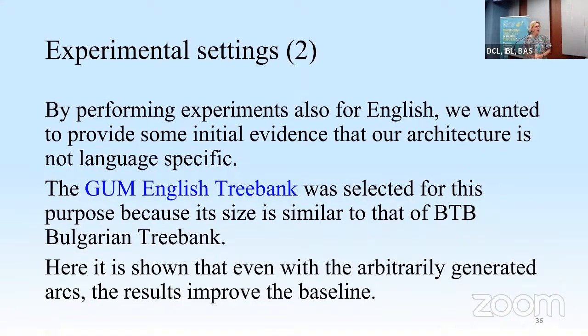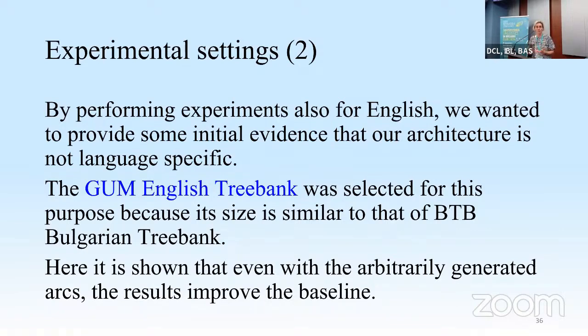Okay. For English, we just wanted to show that this model also works for another language. And in both cases, Bulgarian and English, we show that even when we select arbitrary sure arcs, not specifically defined, even then the results are better.